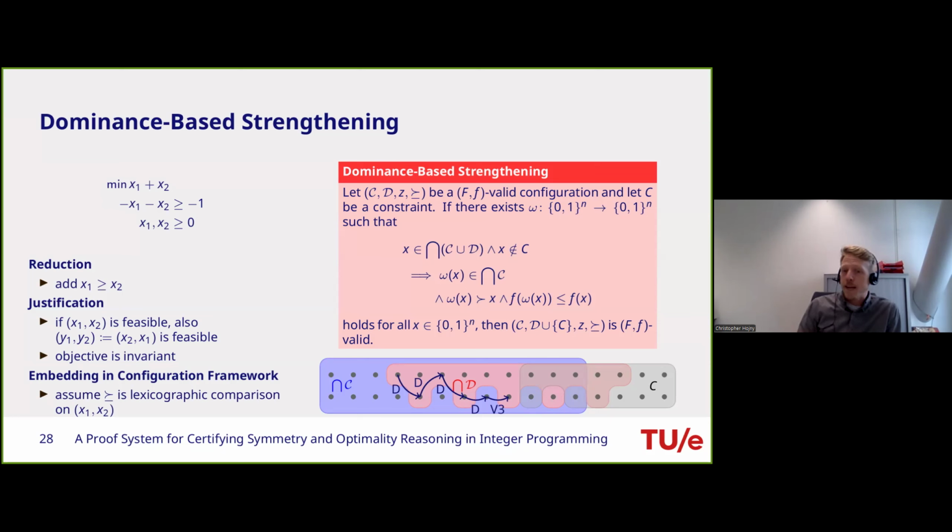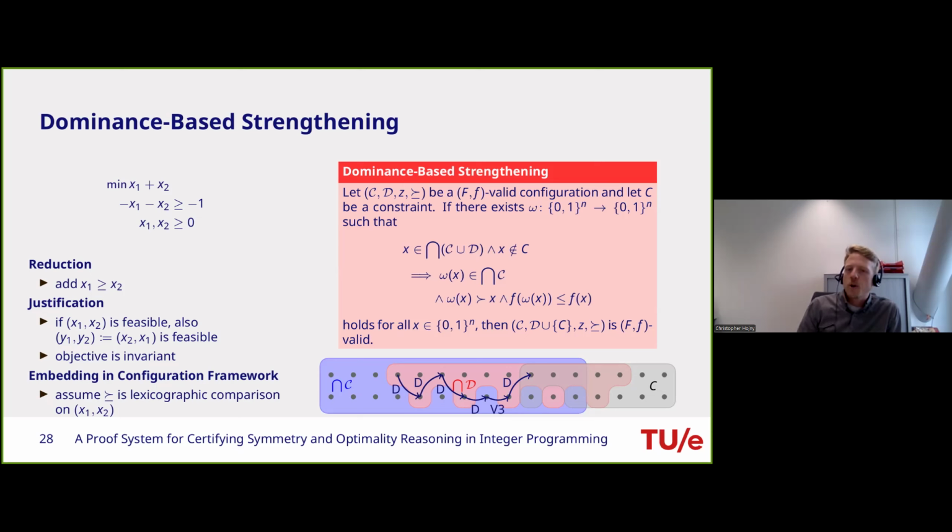Now I'm back again in business. I can again apply the dominance-based strengthening rule, and now I find a solution that also satisfies these new gray constraints. So by a repeated application of dominance-based strengthening and the V3 rule, I can show that the new constraint that I want to derive holds.